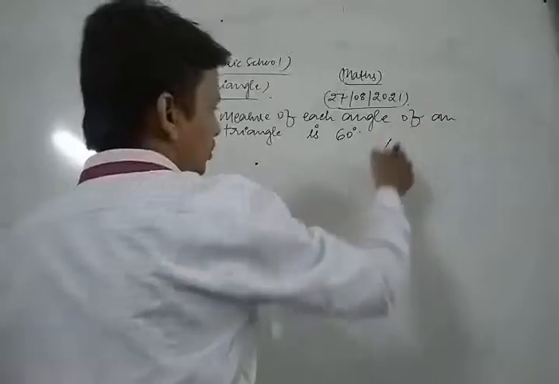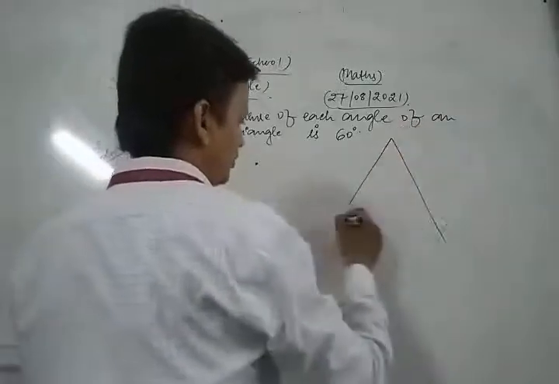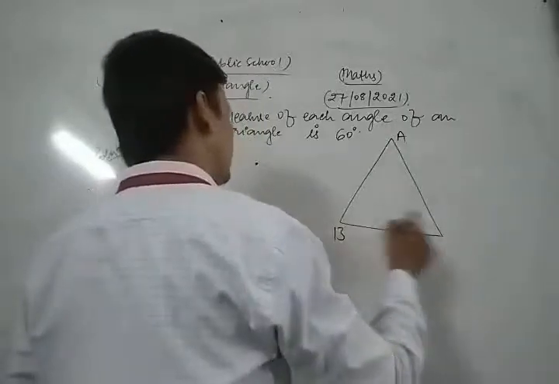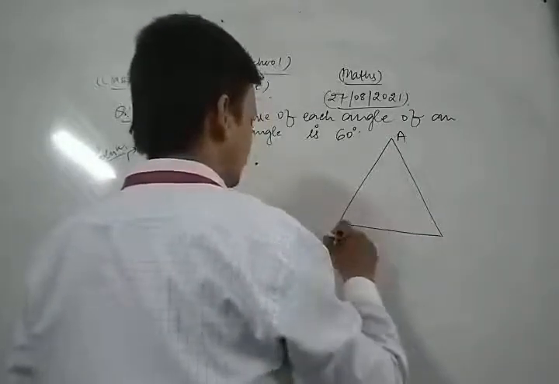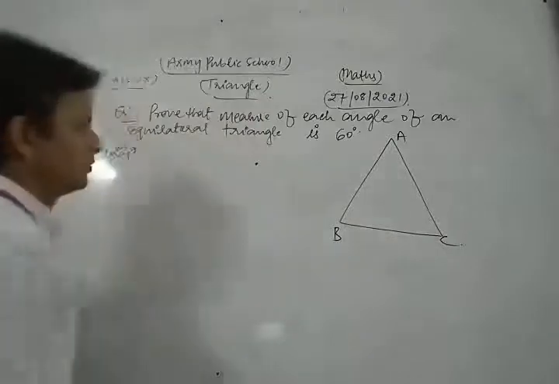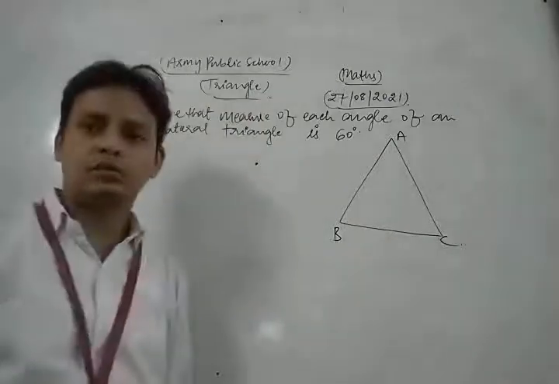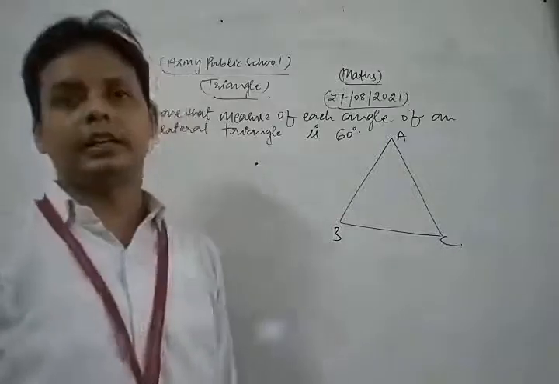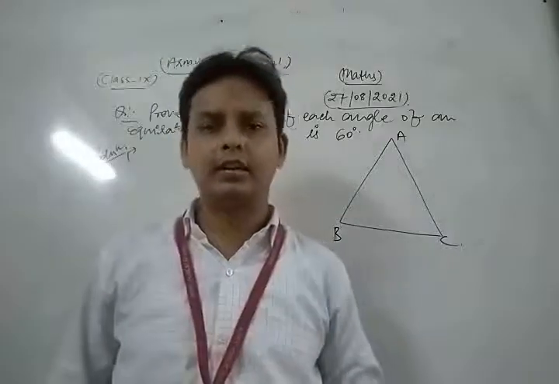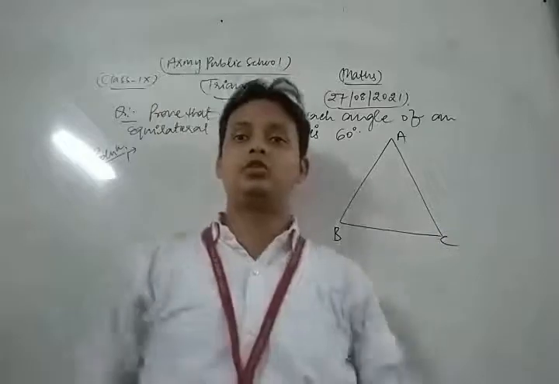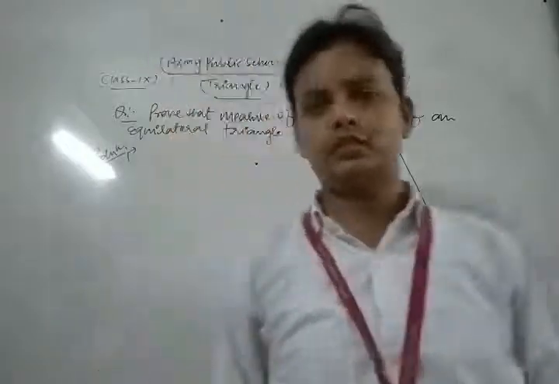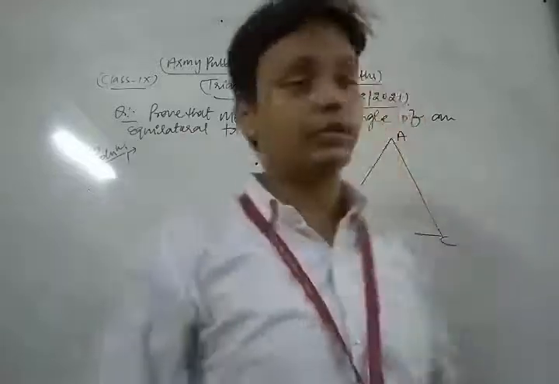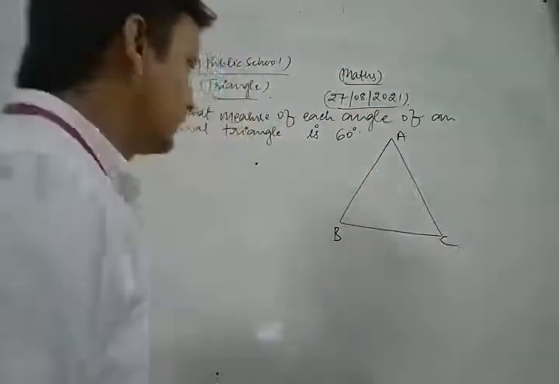Let ABC be an equilateral triangle. You know that in an equilateral triangle all of its sides are equal and each angle measures 60 degrees. So we have to show that each angle of this triangle is 60 degrees.